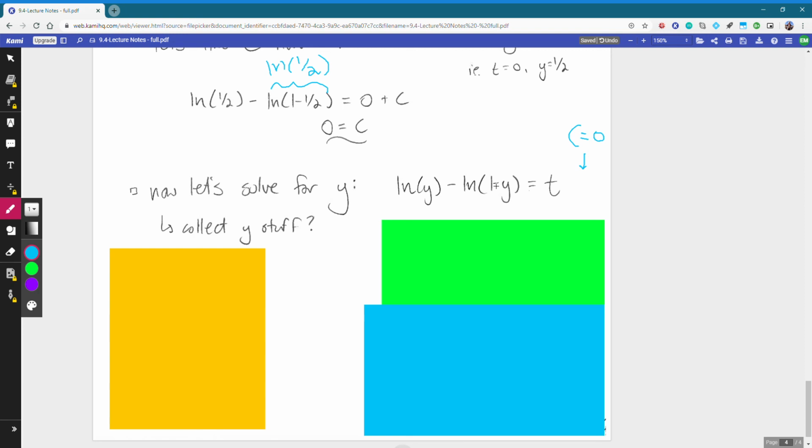To get an explicit description, we want to solve for y. And so we have an interesting challenge in front of us. We've got y's floating around in two different places on the left. To start doing that, we'd like to somehow get those collected, get those together. Can you think of any way to do that?